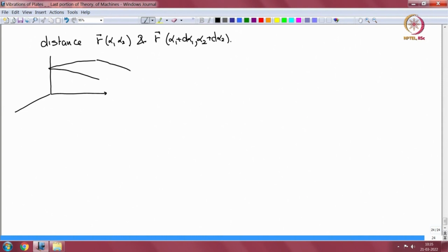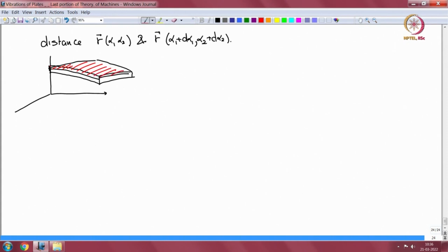Okay. And around which there is a thickness. We will be dealing with shells of uniform thickness. Okay. So, this is the middle surface around which there is a thickness.